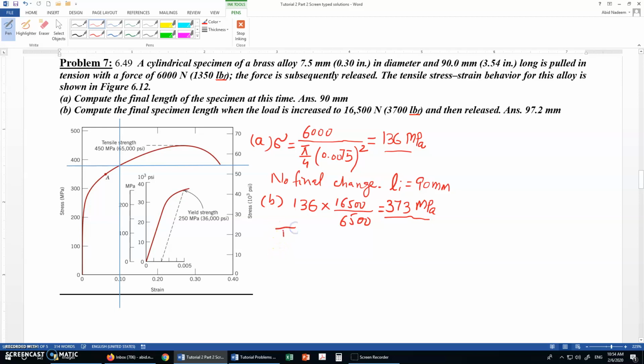So this 0.1 is the total strain. Total strain is equal to the elastic strain plus plastic strain. In this case, total strain is 0.1, and then we need to find the plastic strain from this equation.